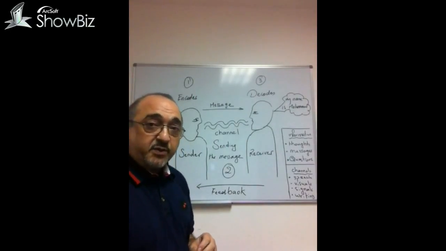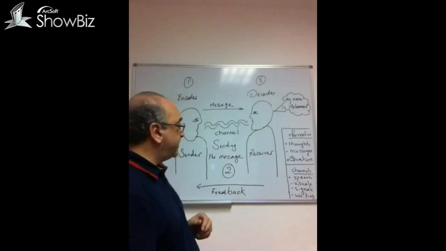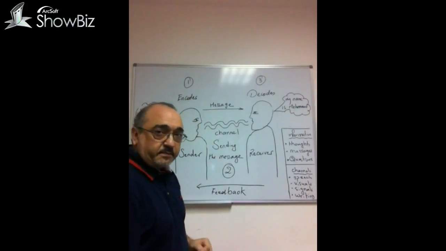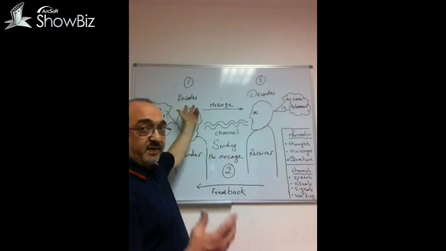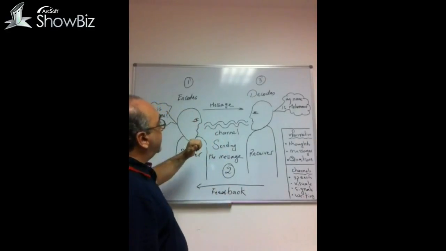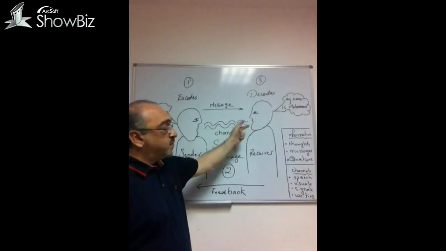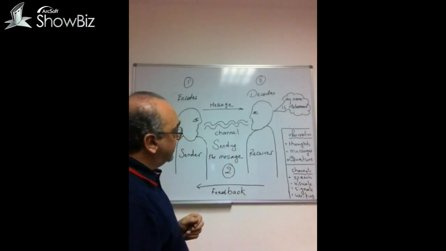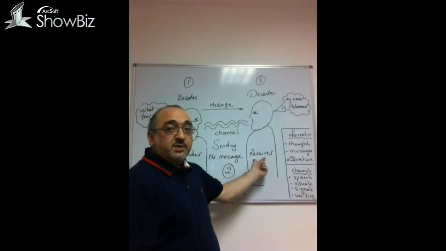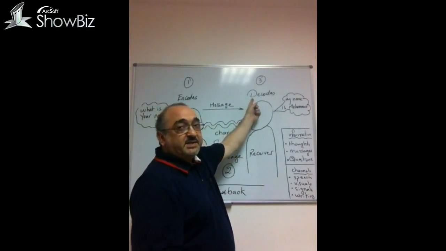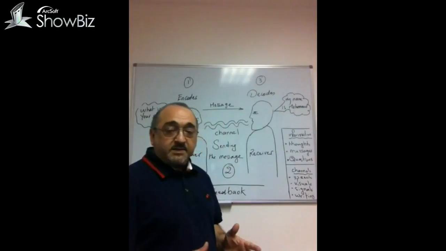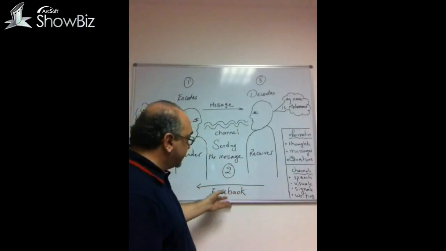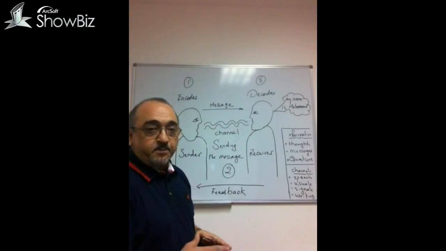During the communication process, during the communication activity, the sender encodes his message to a form which is appropriate to the communication channel, and the receiver also decodes this message in order to understand it and to comprehend it before he sends back his feedback.